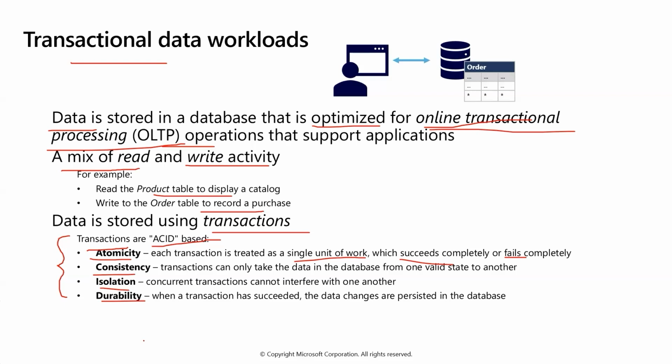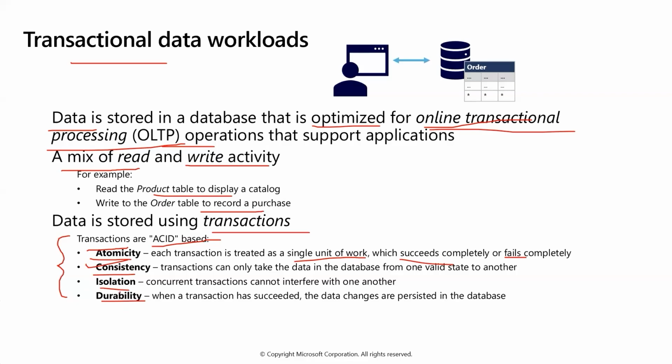Although X has been reduced by a certain amount, your Y has been credited with that. So there is consistency in the state prior to your transaction versus after your transaction. That is C for consistency.